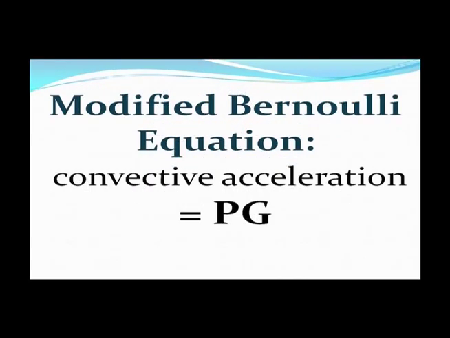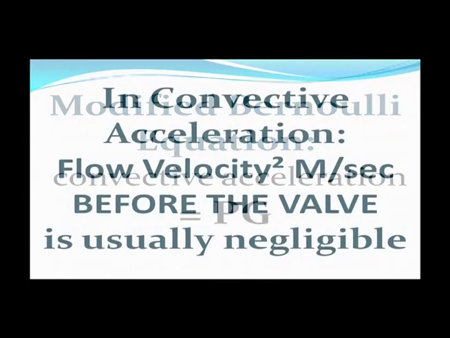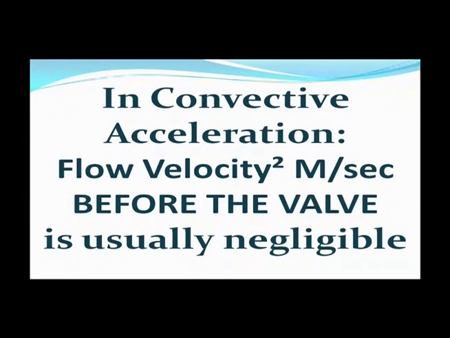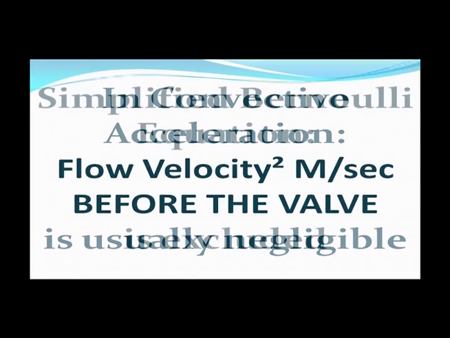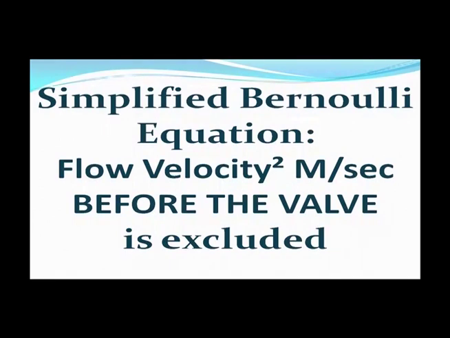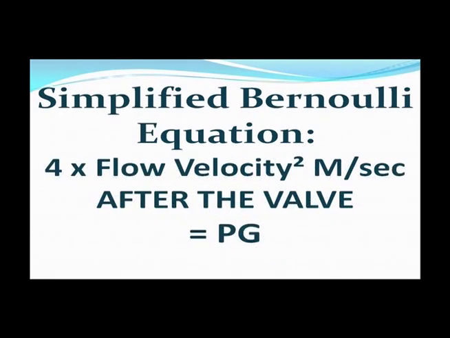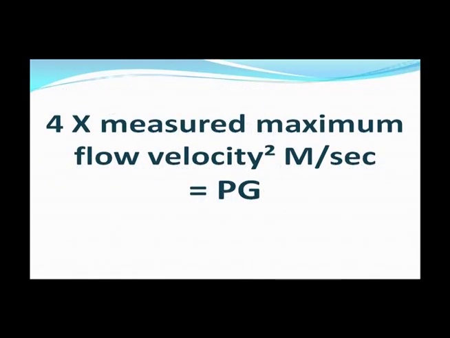Both the Bernoulli equation and the modified Bernoulli equation contain convective acceleration in the calculation. In normal valves, the squared velocity of blood flow before the valve is negligible. Therefore, a simplified Bernoulli equation is created, where pressure gradient is equal to 4 times the flow velocity after the valve, that is, in the receiving chamber, squared, or 4 times maximum measured velocity squared.